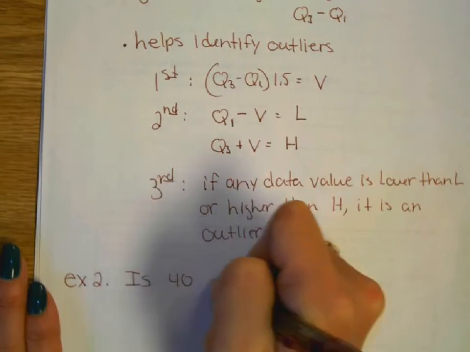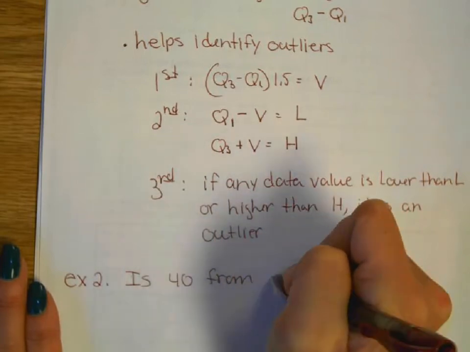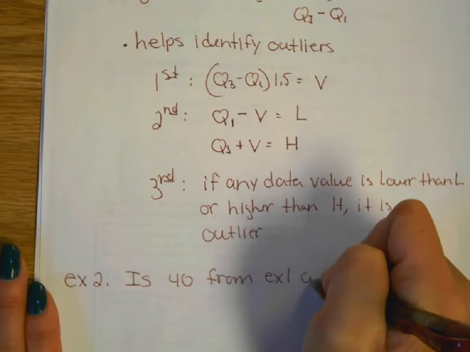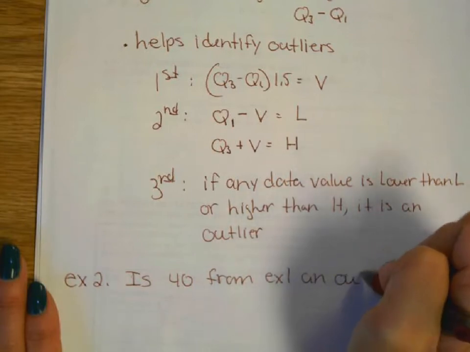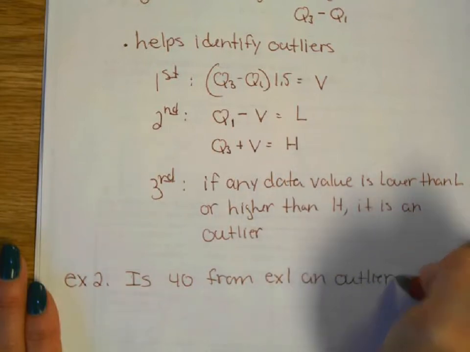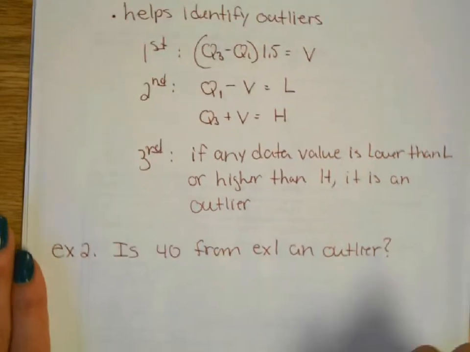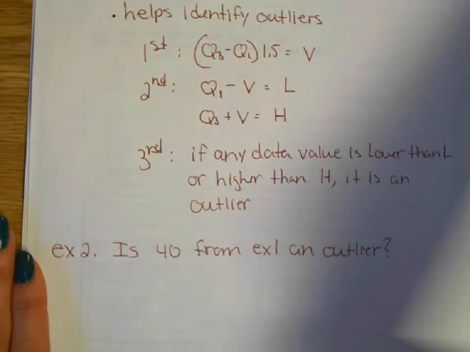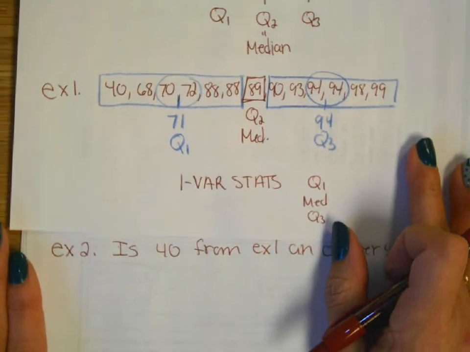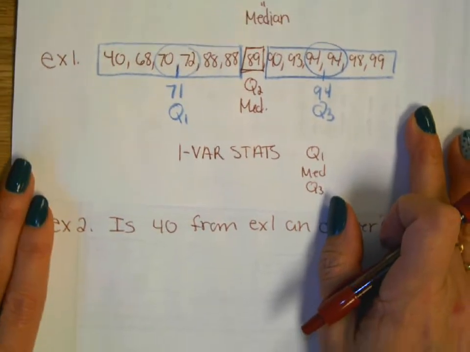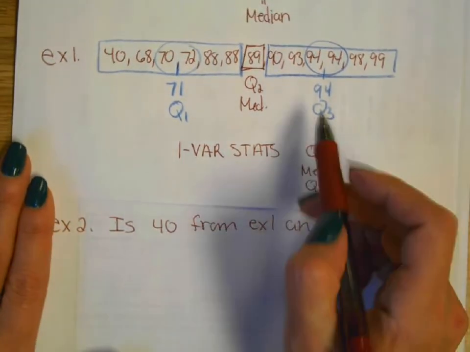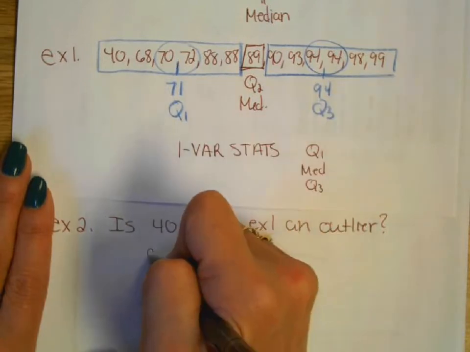Is the 40 from example 1 an outlier? So, we're going to take our Q3 minus Q1, get those values back in here. So we've got 94 minus 71.